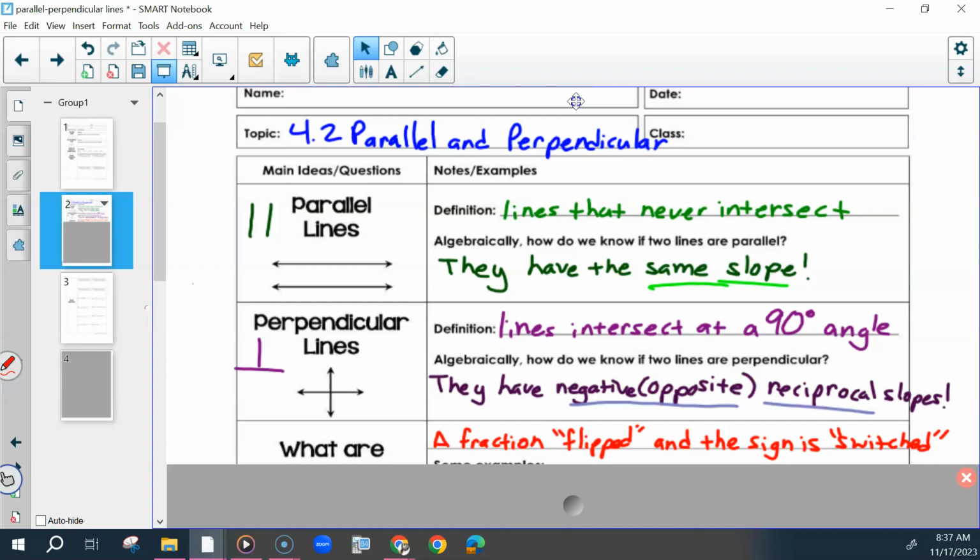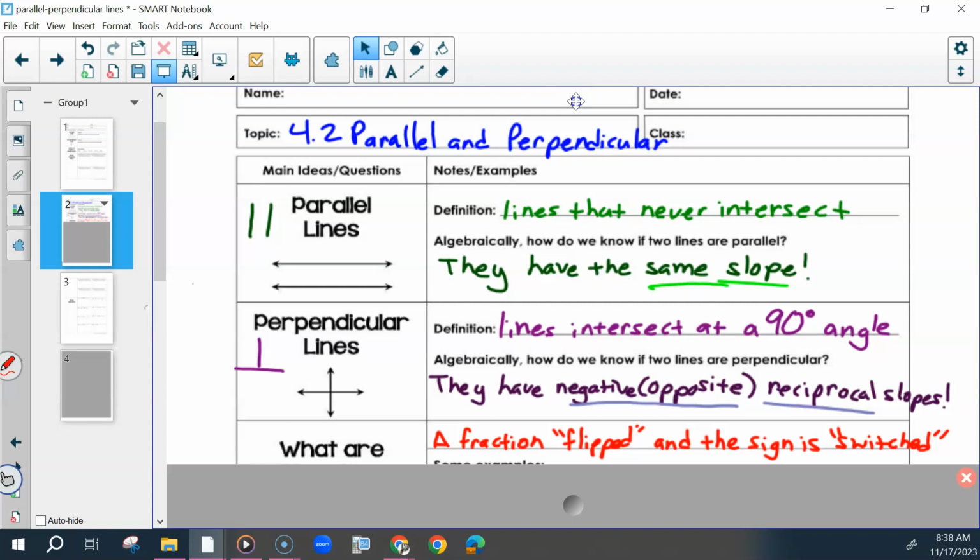For parallel lines, they are lines that never intersect, which we kind of mentioned before, but we said that they look like they're right across from each other. But we did talk about this. Algebraically, we know two lines are parallel if they have the same slope.